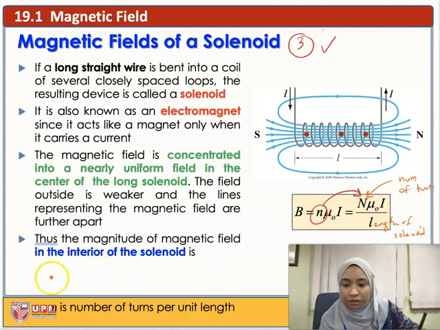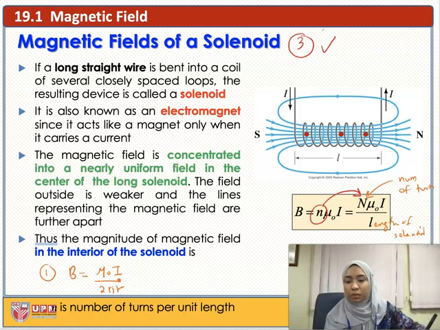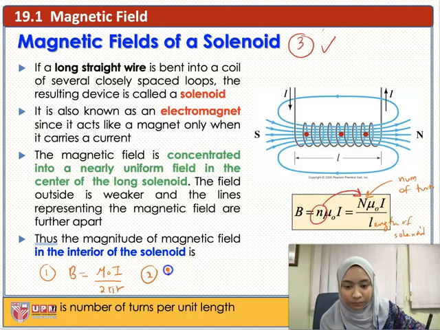So let's see. Structure number 1 was B equals mu naught I over 2 pi r. This was a straight wire conductor. Then number 2 was a coil of several turns, and if the coil has only one turn, then N equals 1, with 2r.